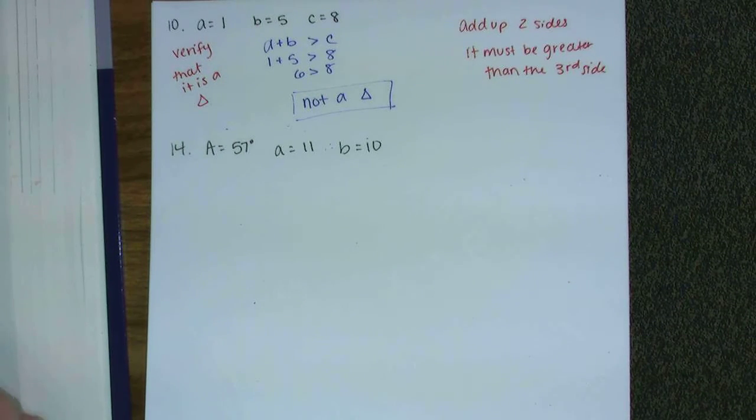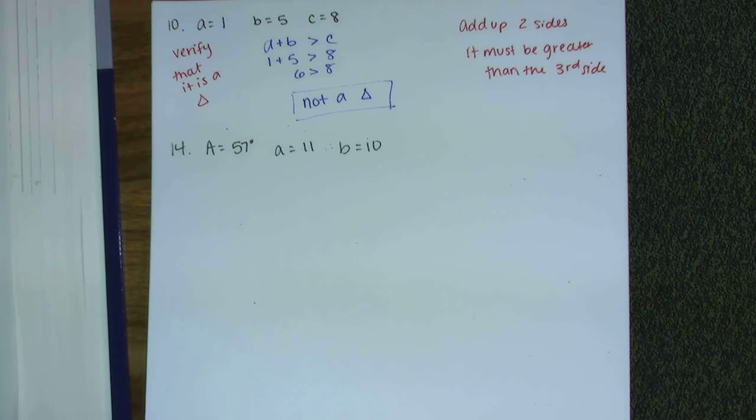Now, with this one, we could go back and look at our old methods to do this, because we're given an angle, its matching side, and another side, but we also can try it with this method, I believe. So we're going to go for it and just see what happens.